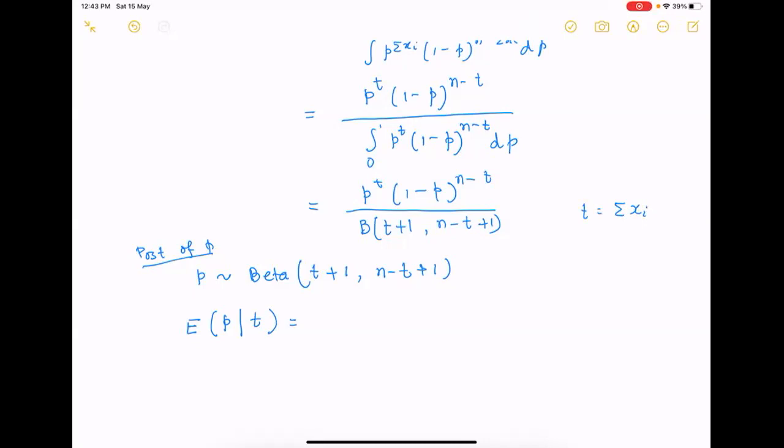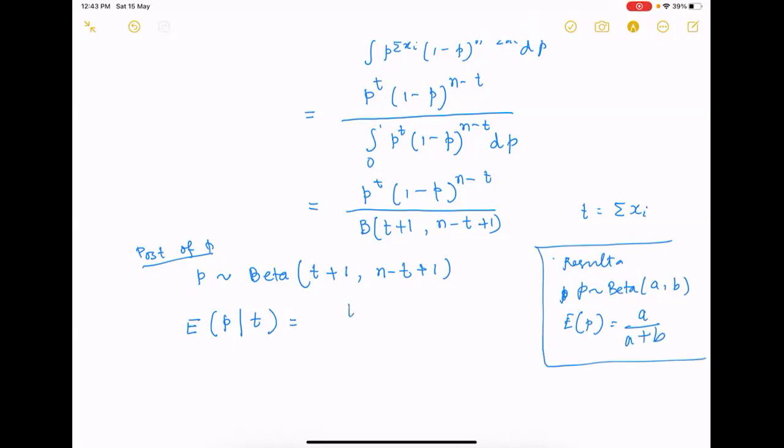The result we will use is for the beta distribution: if p follows beta a, b, then the expected value of p, you can cross check with any textbook, is typically a by a plus b.